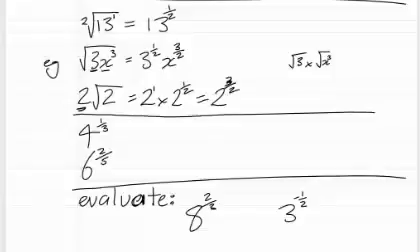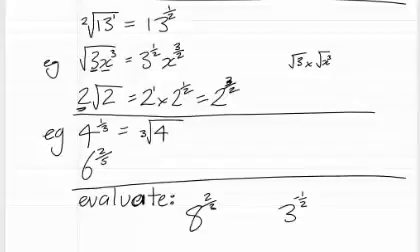We can go from index form back to surd form. All you need to do is remember that the numerator is the power of the base number, and the denominator is the order of the surd. So I'll have a cube root here. 4 is the base number still, and the power is 1 because there's a 1 on top of the numerator, so I don't need to put that down.